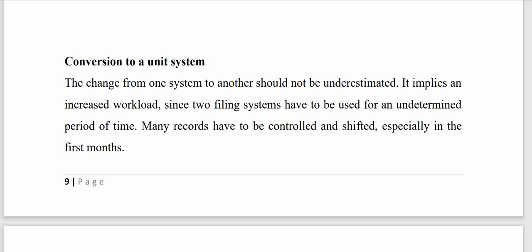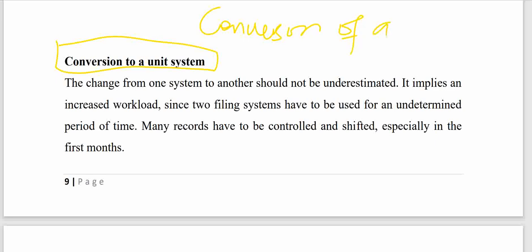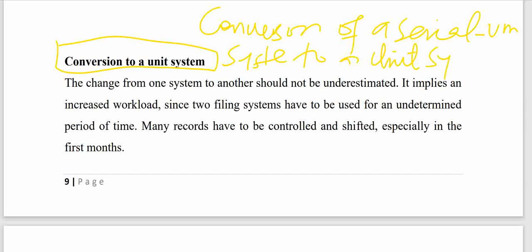Now, we are here to the topic that I was talking about, conversions of a serial unit system to a unit system.